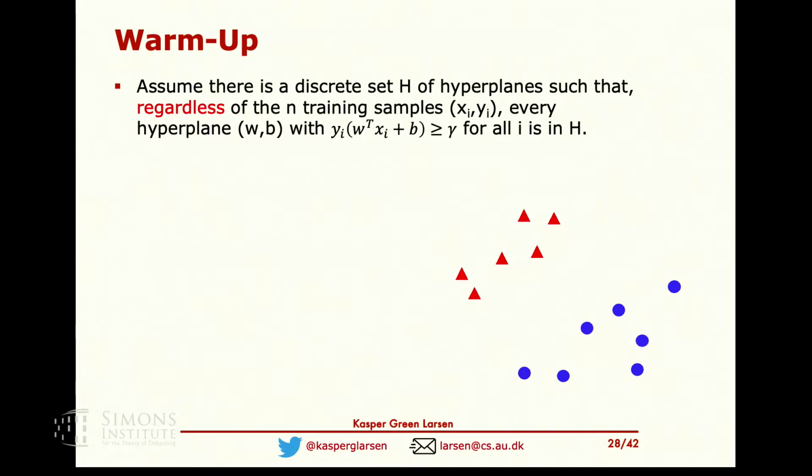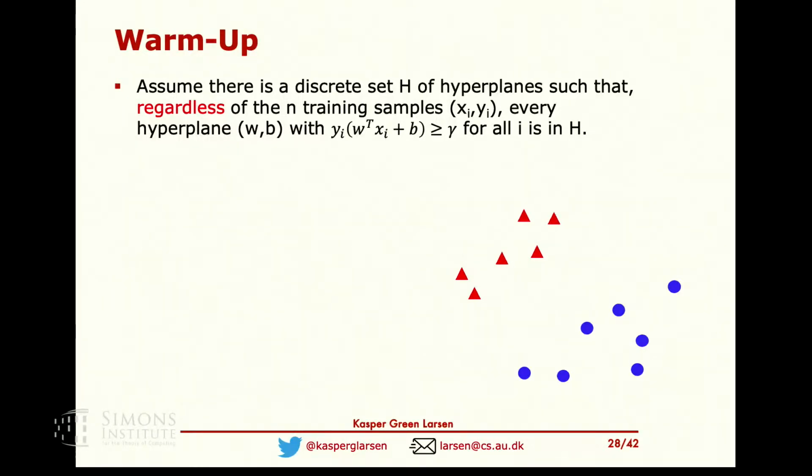So the starting point is, let's say there are infinitely many hyperplanes that have a large margin. What if there was some set H that contained all the large margin separating hyperplanes, and this set is small, some discrete set of hyperplanes?